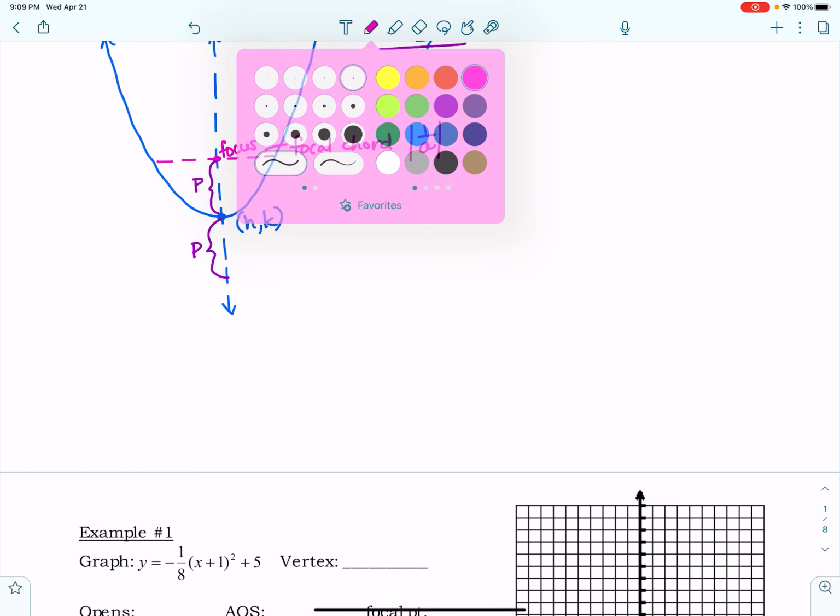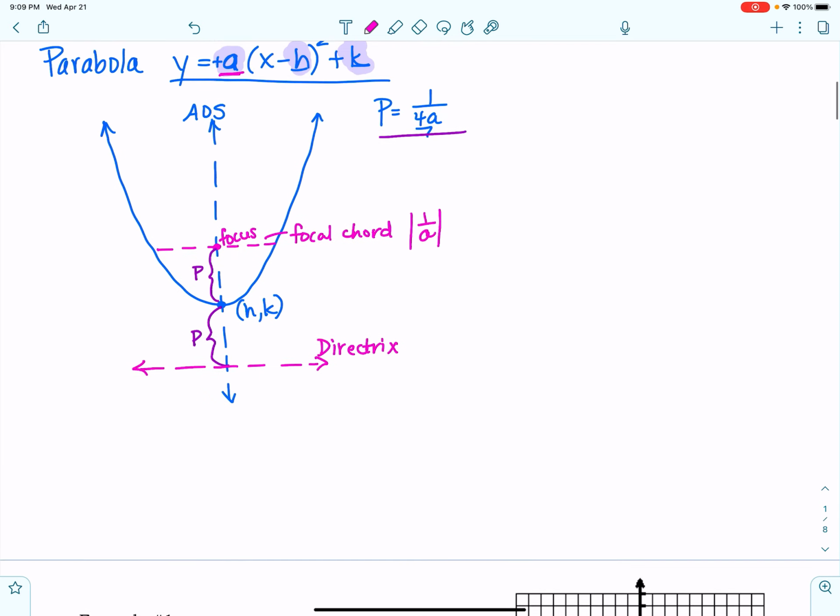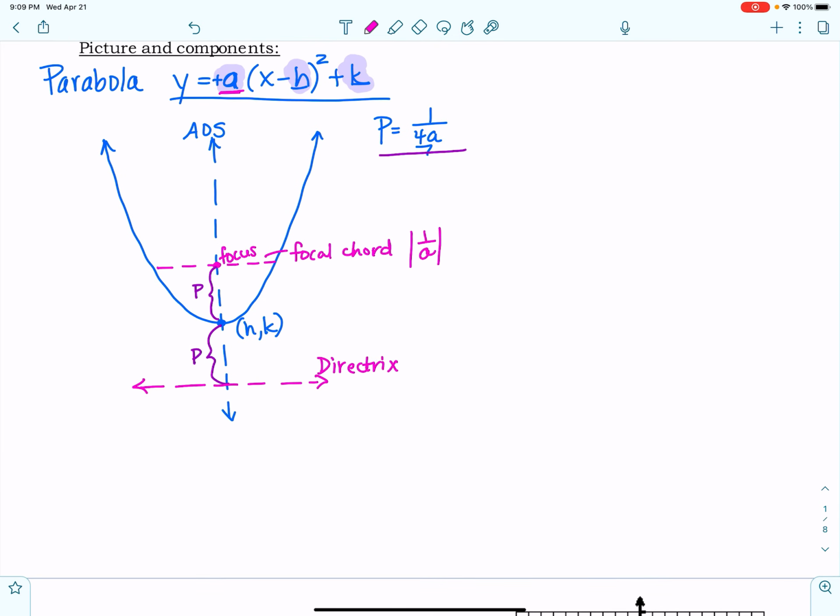Okay, so our directrix will look something like this. Okay, so there's our directrix. Okay, so that's pretty much the long and short of a parabola. That's all of the information we need. Now, things will change according to how the equation is written. Something else I want to point out, the directrix and the axis of symmetry are perpendicular to one another.